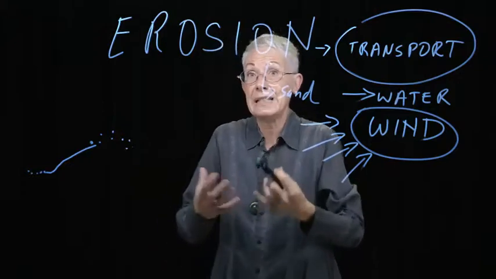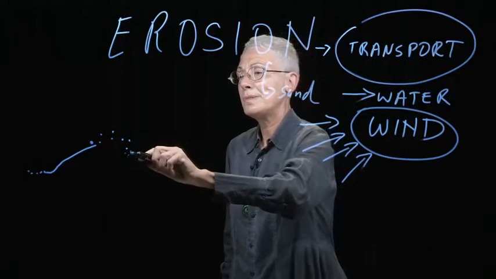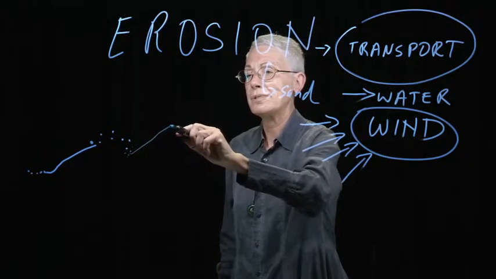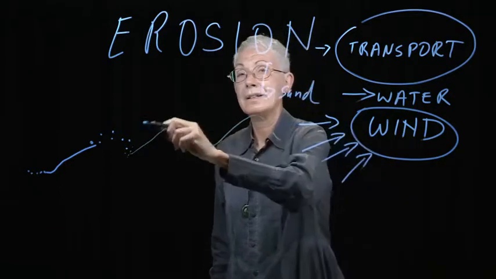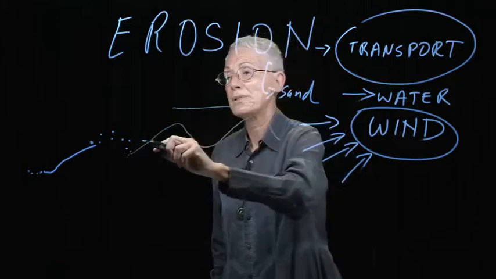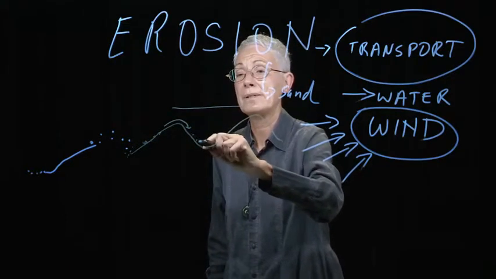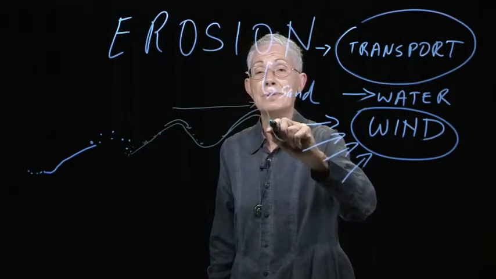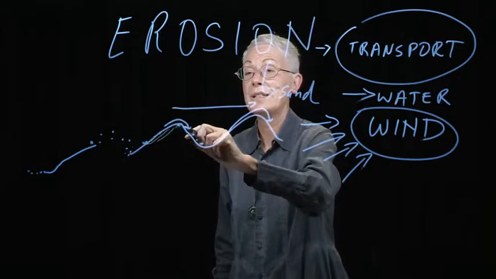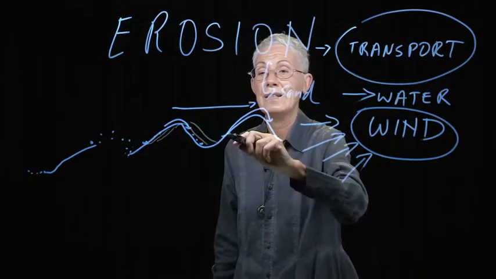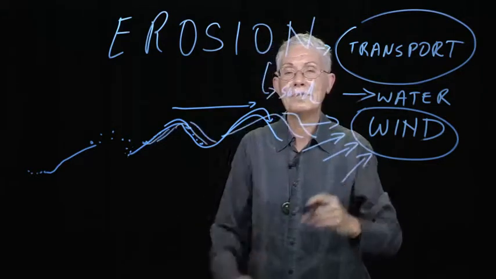So it cannot carry anymore the particles, drops them and starts to build dunes. A dune will move because the wind will pick up the particles from here and deposit the particle here, pick up from here and deposit there. And by doing this, it will always erode this side and deposit this other side. So the dunes will move, keep moving.